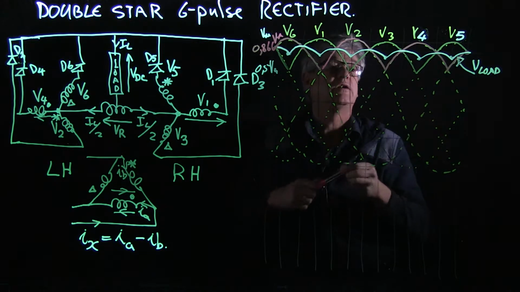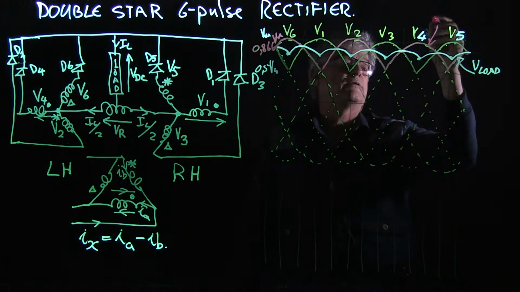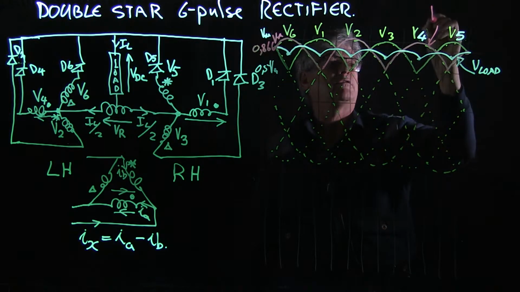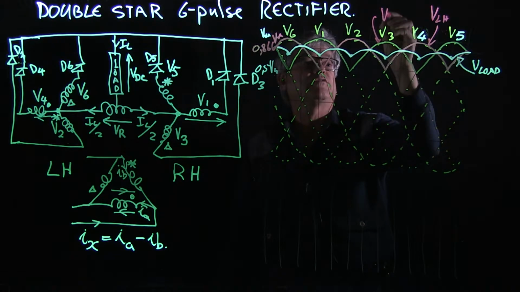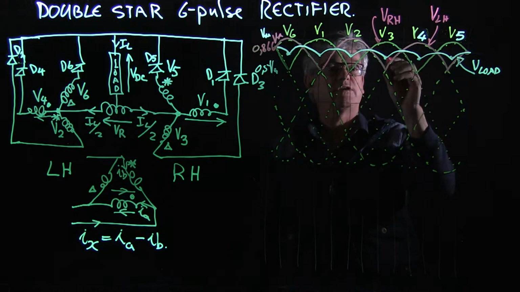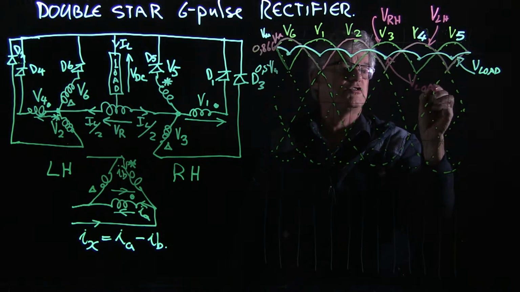And this one here is V left hand, and this green one here is V right hand. So that there is our load voltage.